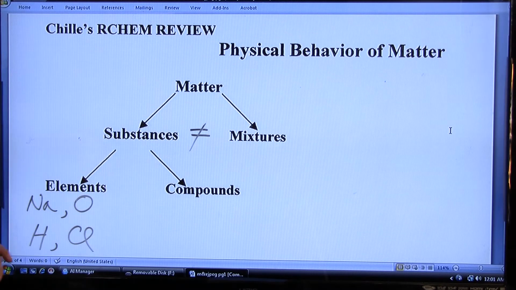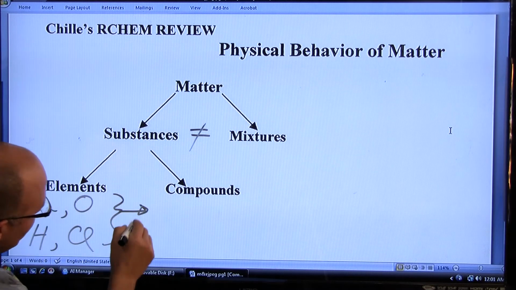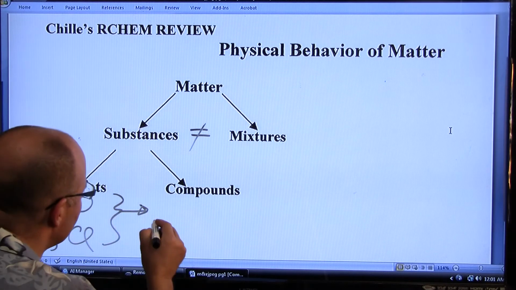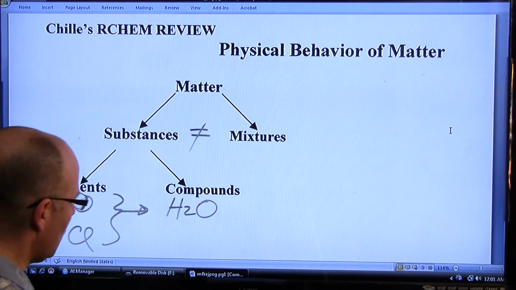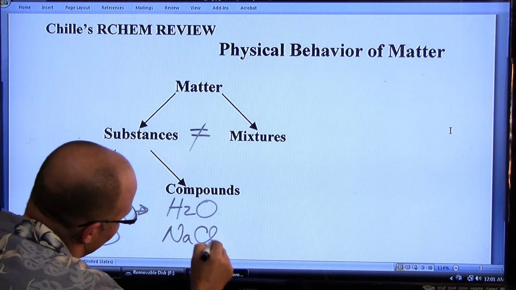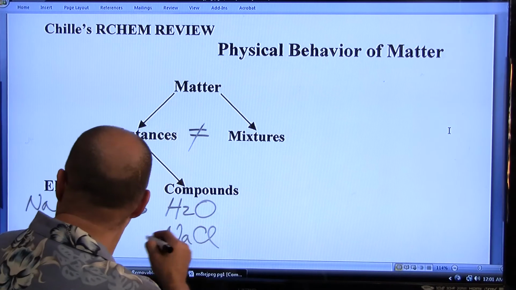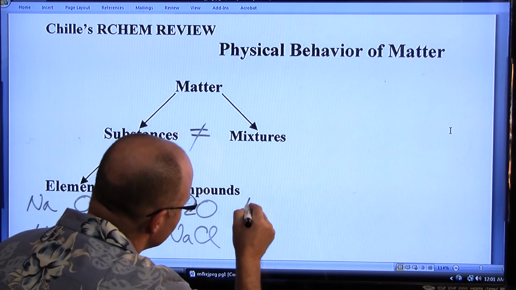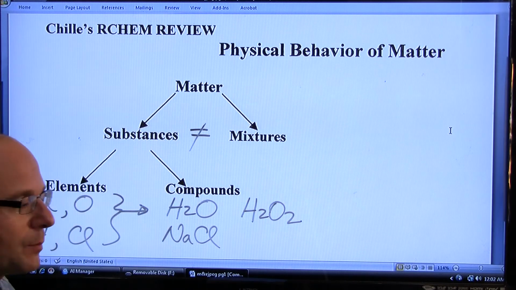And then if you take these elements and you combine them chemically, you'll form compounds. I'm sure you all know of H2O, that's water, NaCl, which is sodium chloride. Another combination of these elements, H2O2, which is hydrogen peroxide.